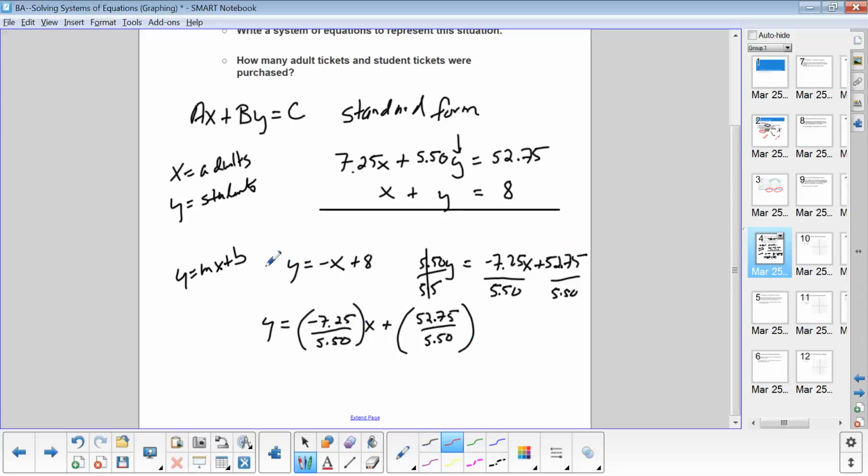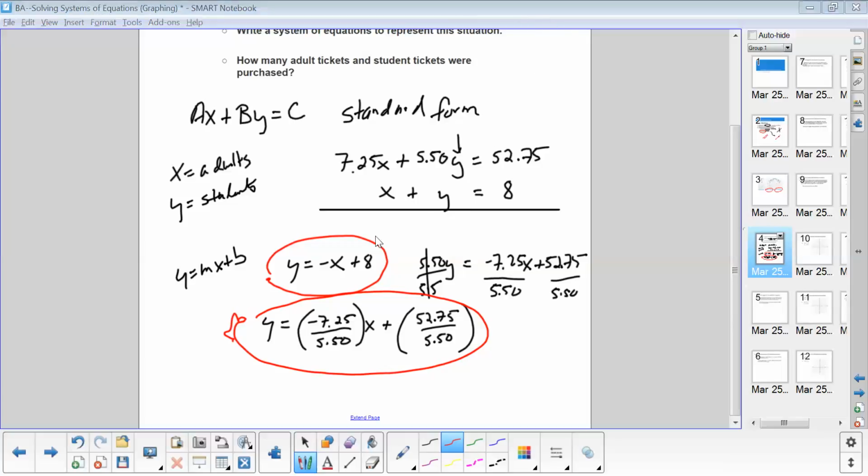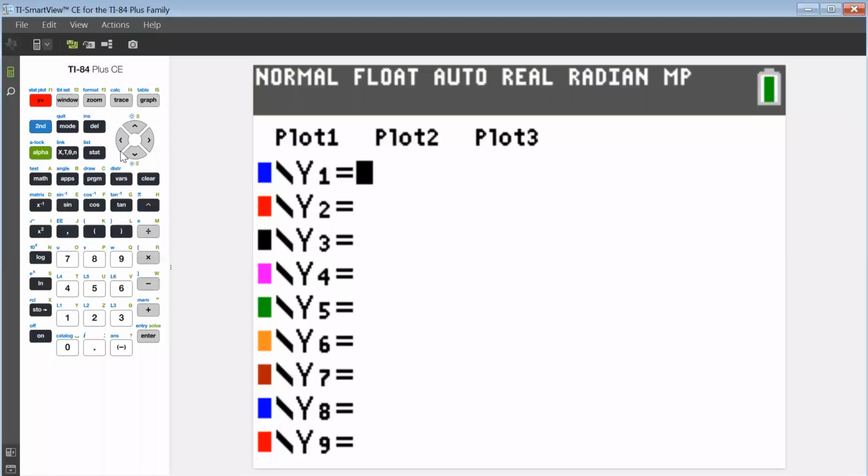So here are the two equations. We're going to take both of those and put them in the calculator. The first one would be negative x plus 8. Hit enter, go to the second equation.